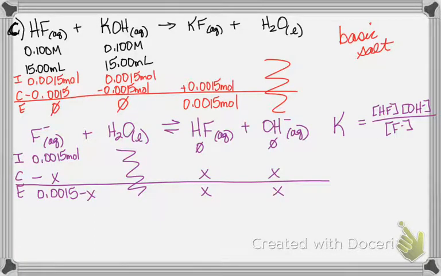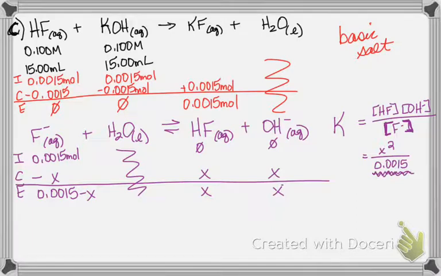So see, the HF is X. The OH is X. And the fluoride ion concentration is 0.0015 minus X. We're going to get rid of that minus X. But in this one, it matters. We have to enter the concentration of the fluoride.